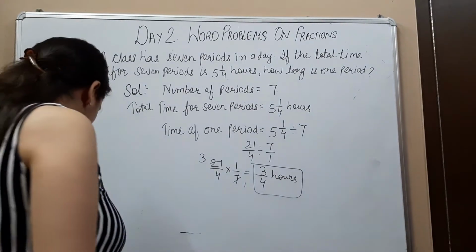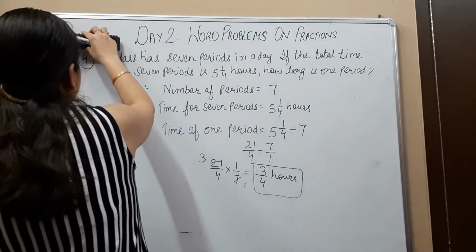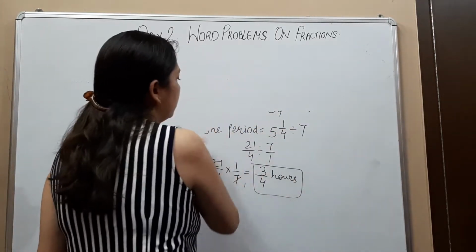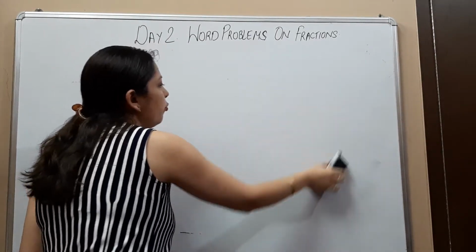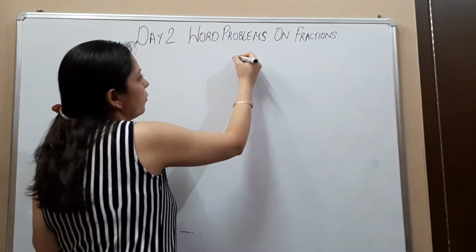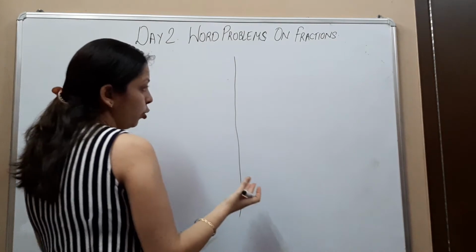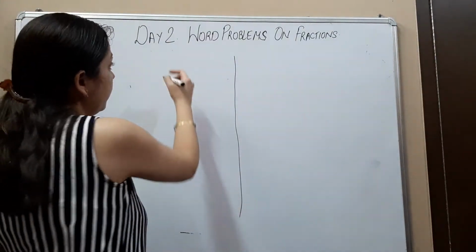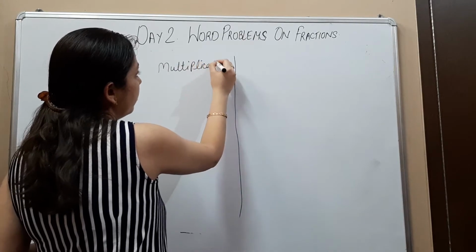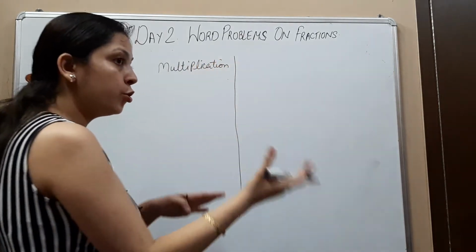See, I want to tell you one thing. Let me erase this question. So when you have multiplication and division problems, how do you know whether you have to multiply or divide? See, in case of multiplication, you have to find the value from smaller to greater.